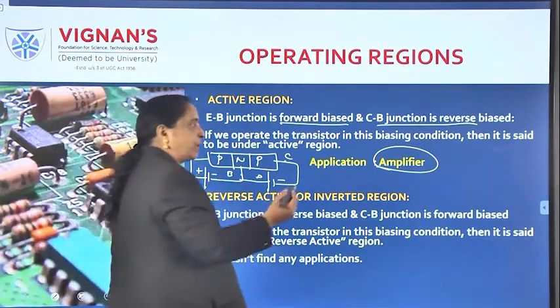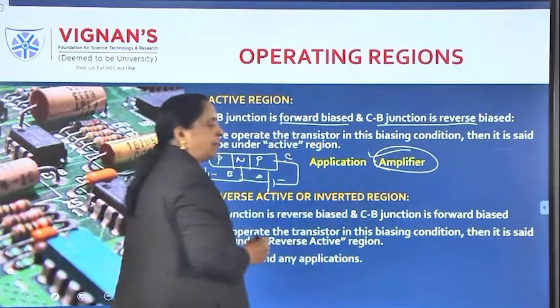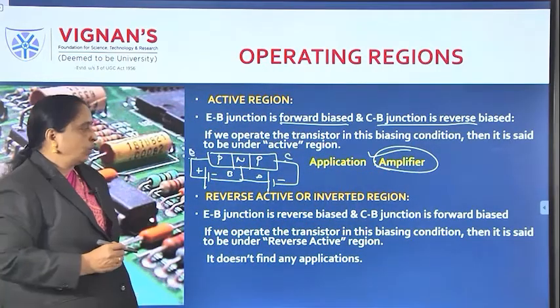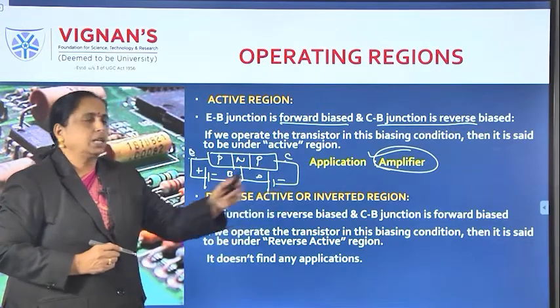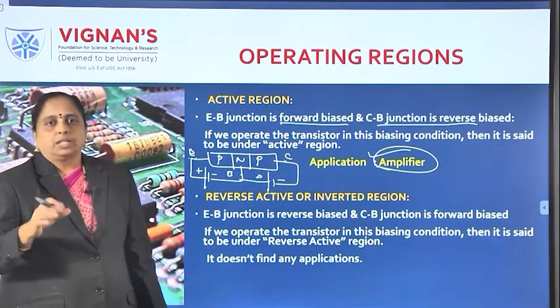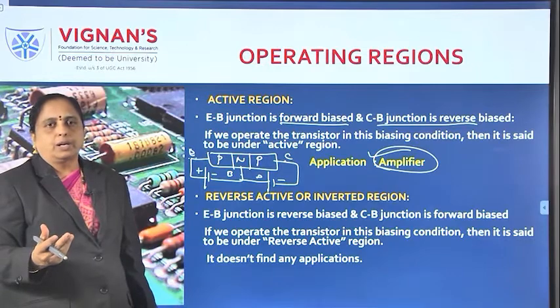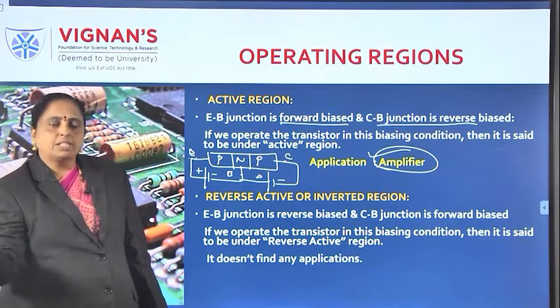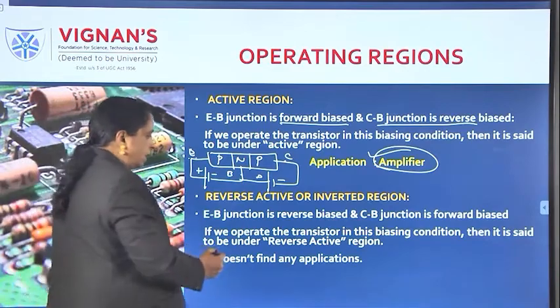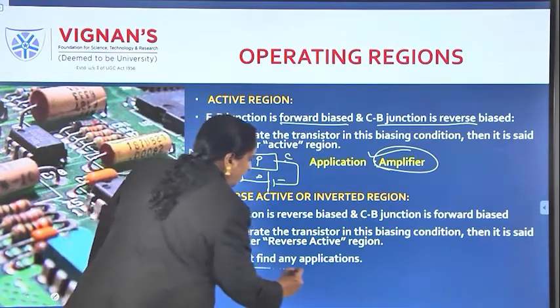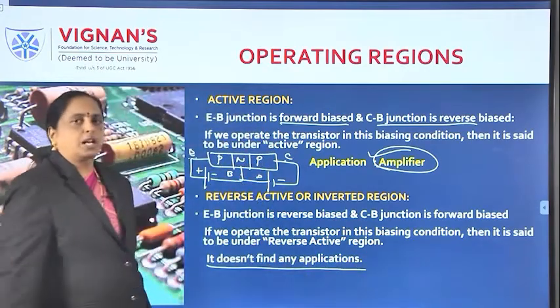What operation is being performed here? Amplification only. The last one is the reverse active or inverted region, because 4 combinations are possible, that is JE reverse biased and JC forward biased. Commercially it does not have any specific application.